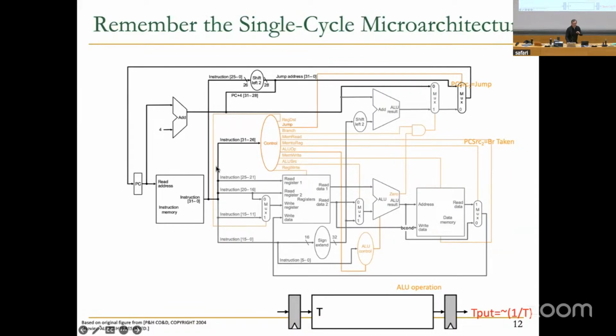There are no internal microarchitectural registers over here, as you can see, right? Everything happens in a single cycle for every instruction. And you know this, we designed the data path for it, and then we designed the control logic for it, and we went through the exercise of actually which control signals should be asserted for which instruction, right? Okay, so this was designed, there's no magic, right?